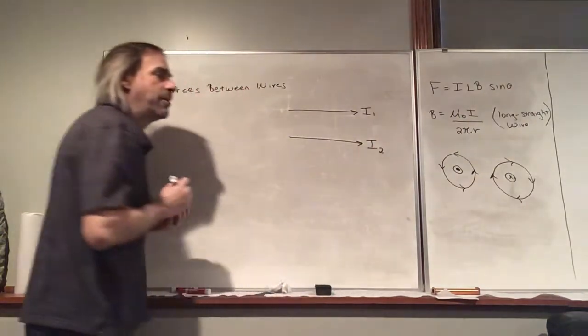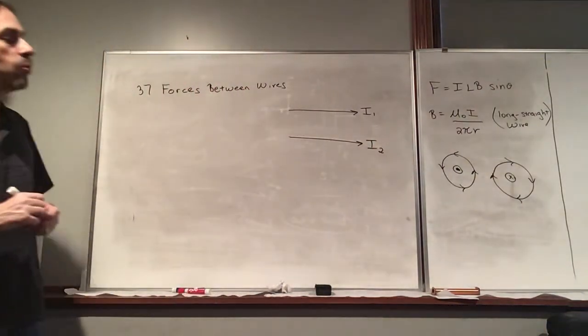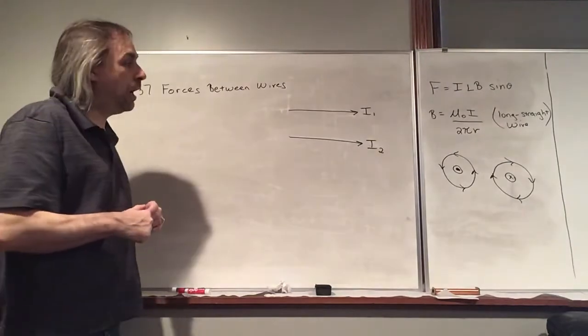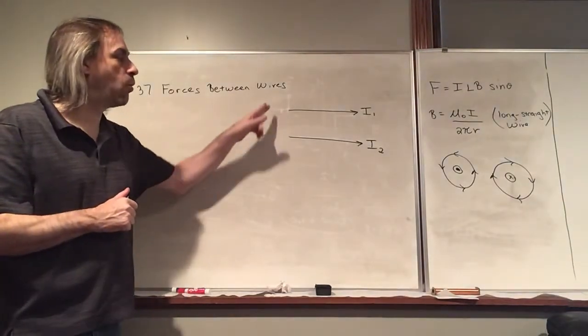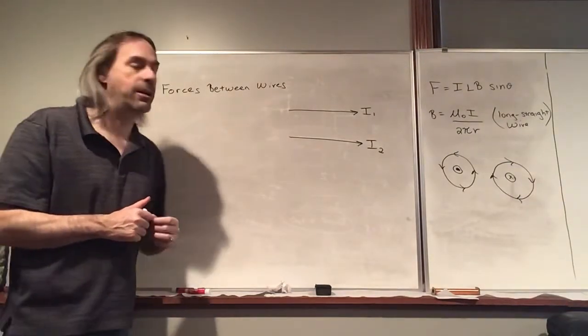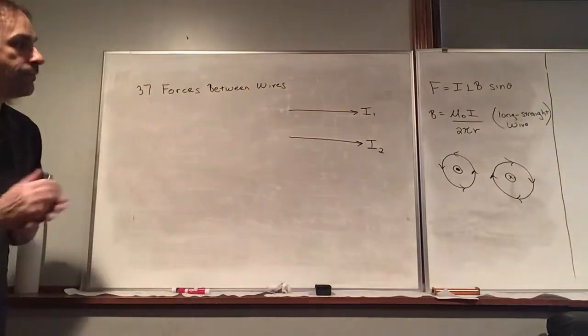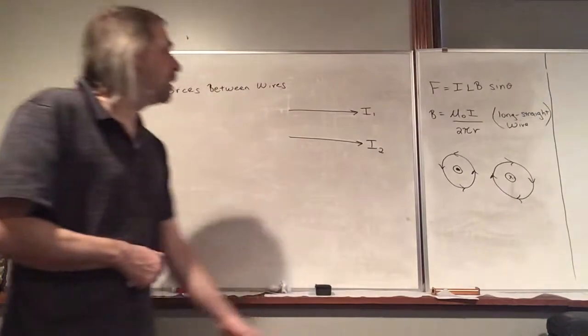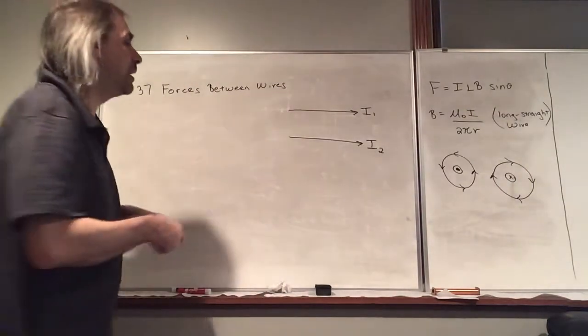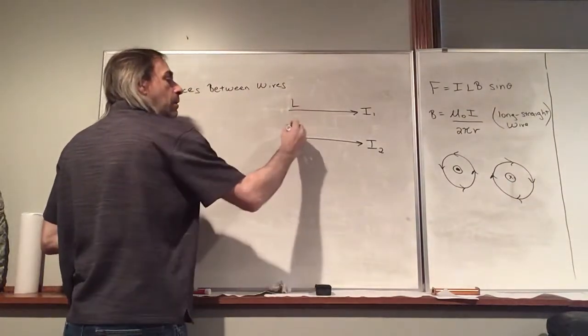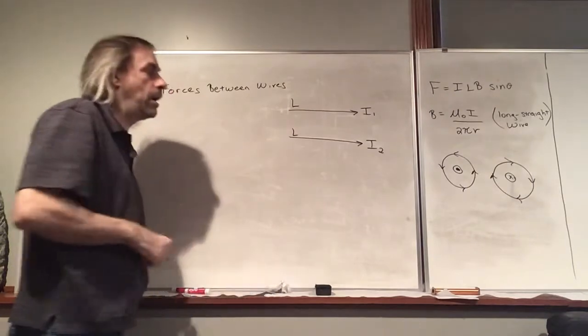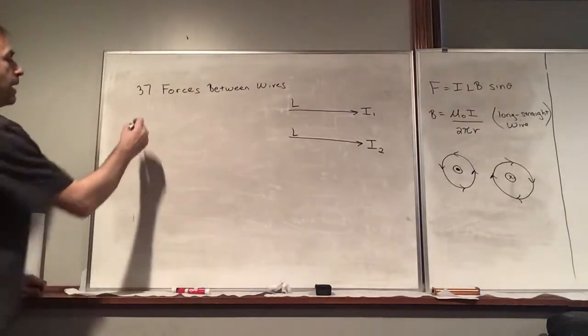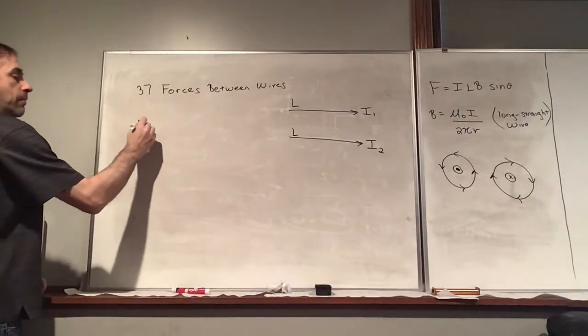So if we want to know the force on wire 1, this force exists because of the magnetic field of wire 2. So we'll use this top equation. We'll say that each wire has a length L. Okay, so we want to find the force on wire 1.